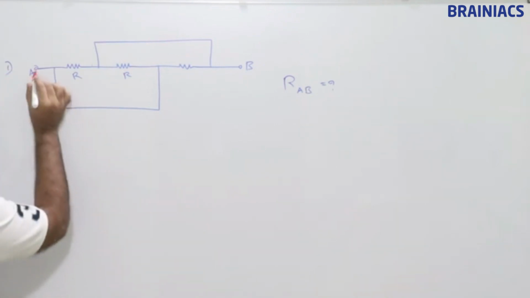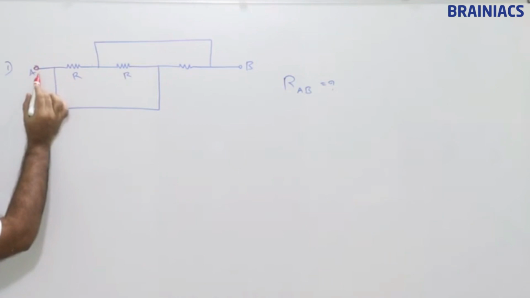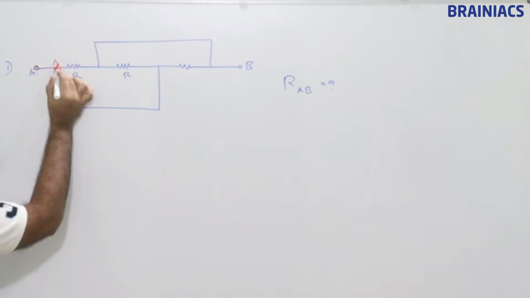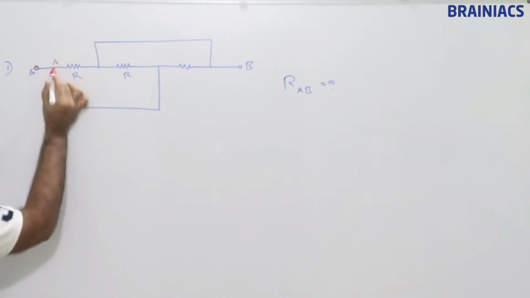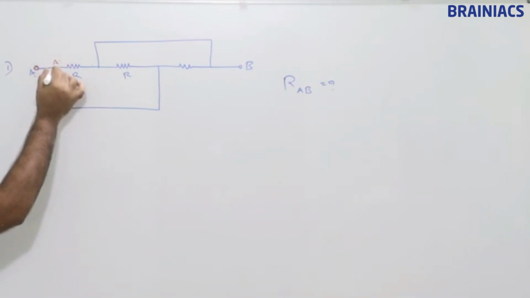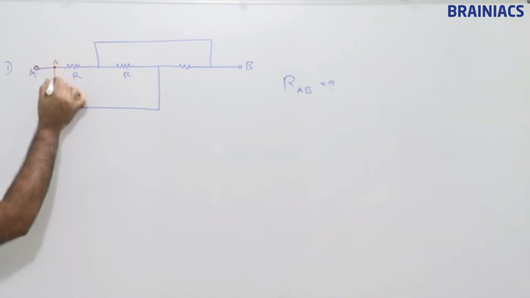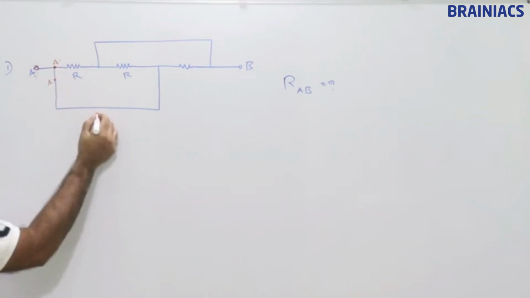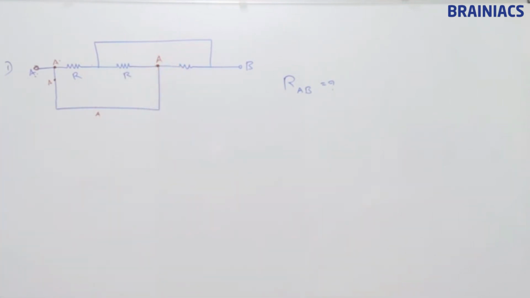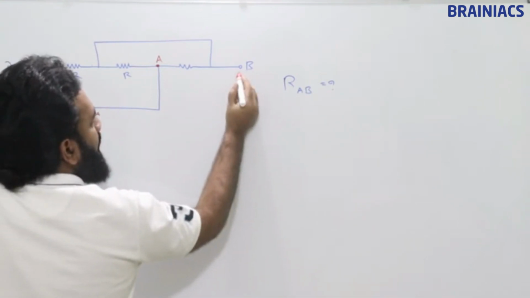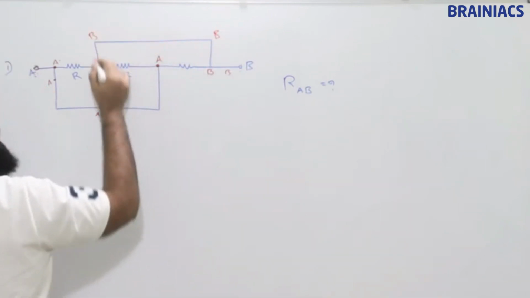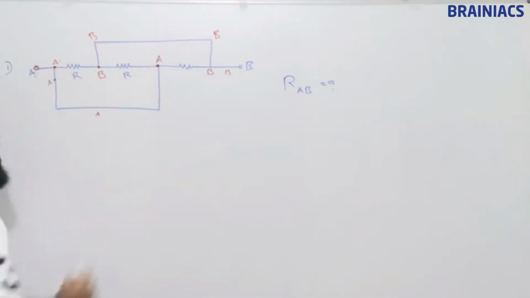See, this is terminal A. There is no resistance in between, so this node has the same voltage as A. So this is also A, this is also A, this is also A. Likewise I can say this is nothing but node A. In the same way this is B, here B, here also B. This is nothing but node B.